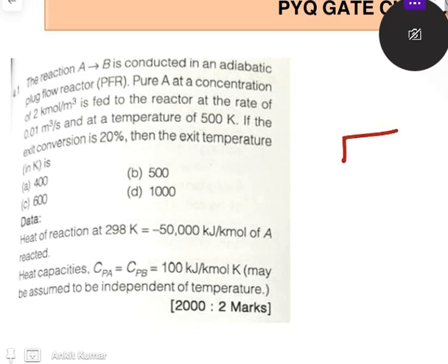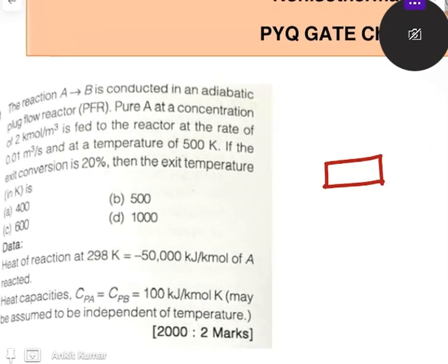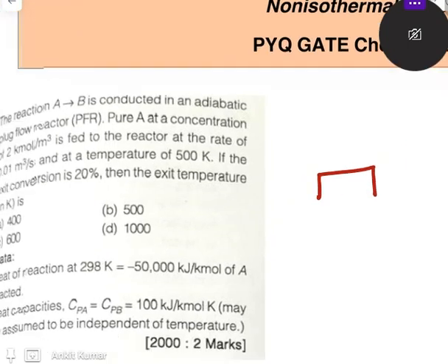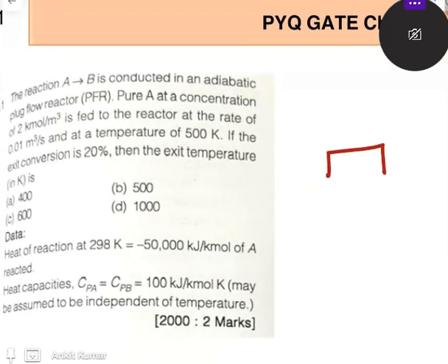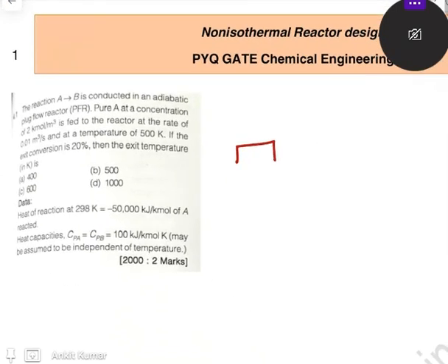So here you have a plug flow reactor, you can see. Fine. So this one is the plug flow reactor, this one is the inlet, and this one is the exit.